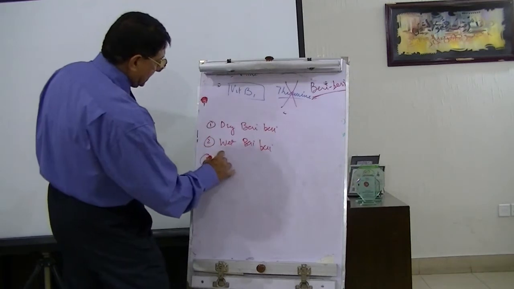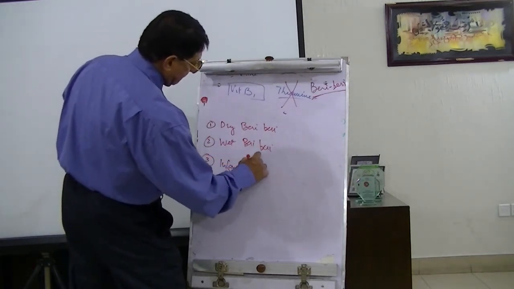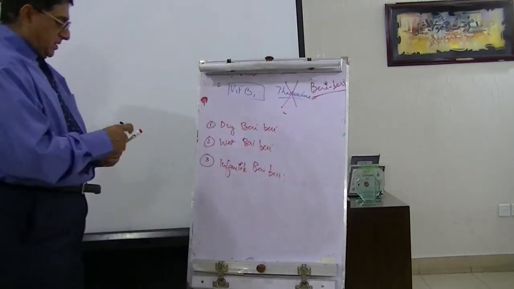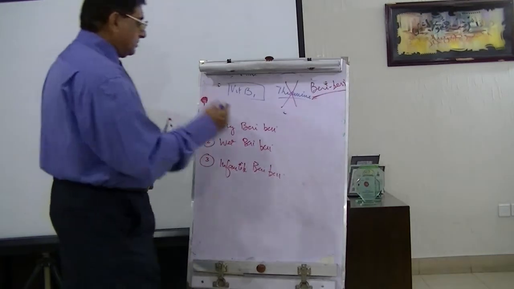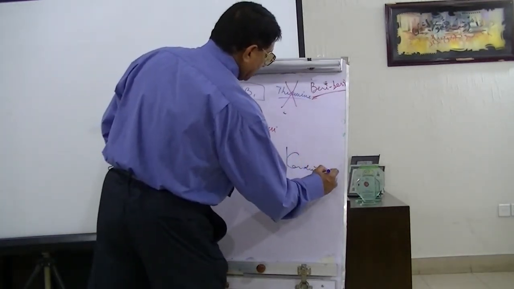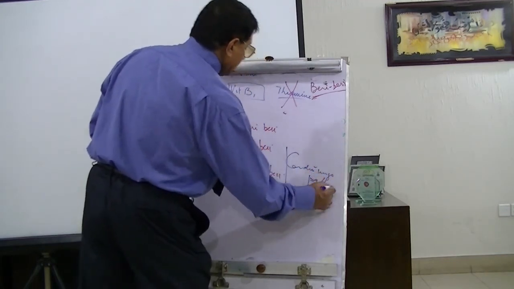Number 3, it is infantile beriberi. Then you've got some cardiomyopathy, cardiac involvement.